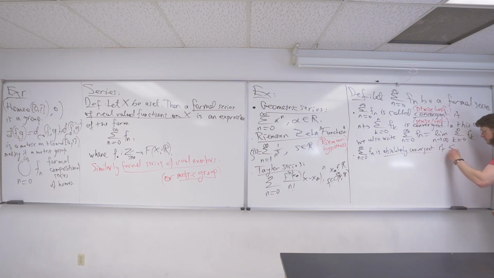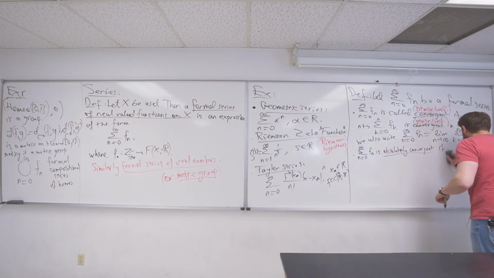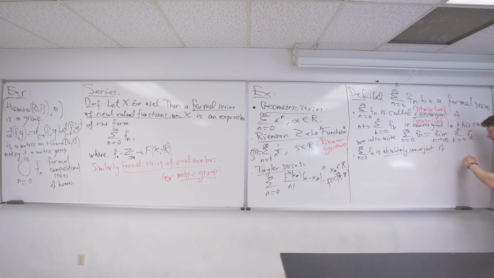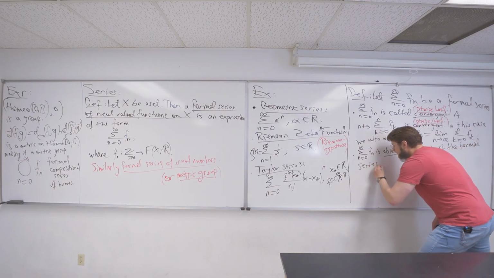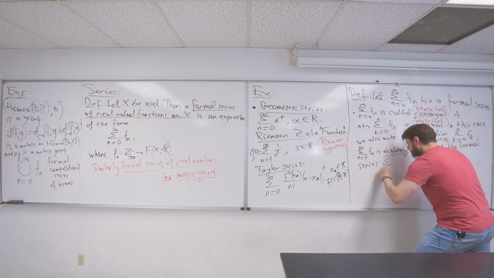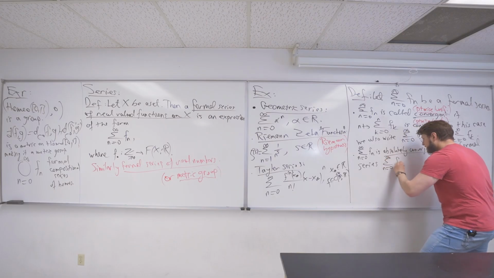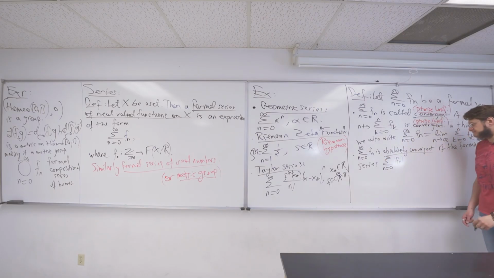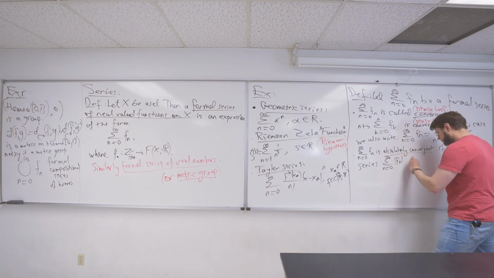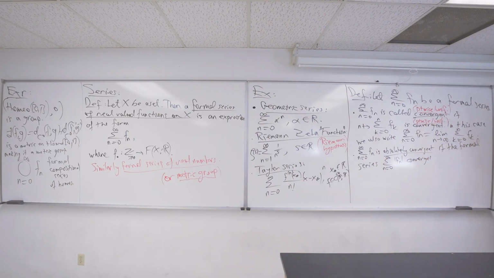If this formal infinite series is convergent, if the formal series n from 0 to infinity, f sub n in absolute value converges.